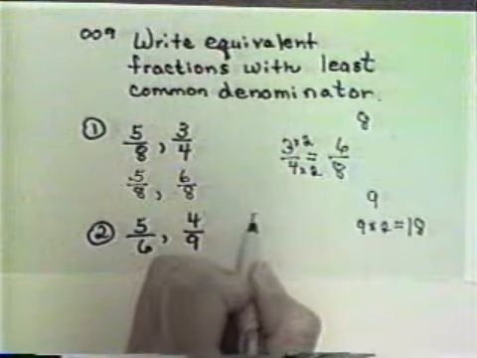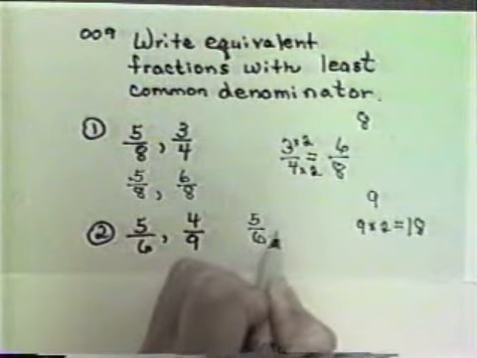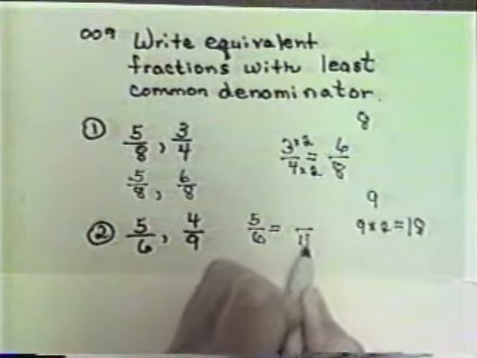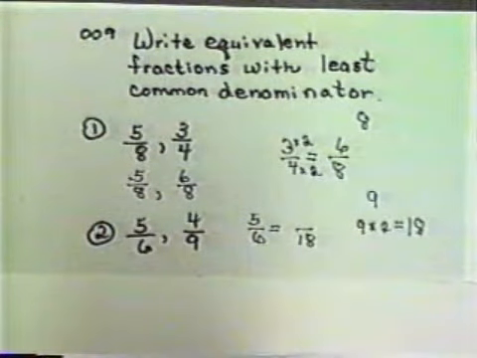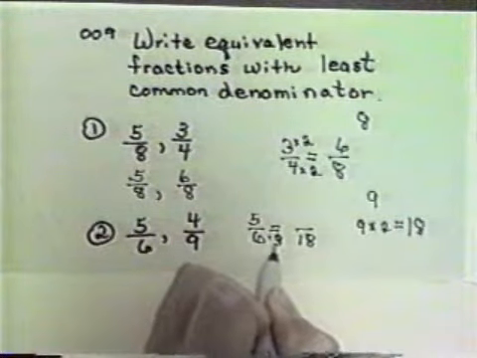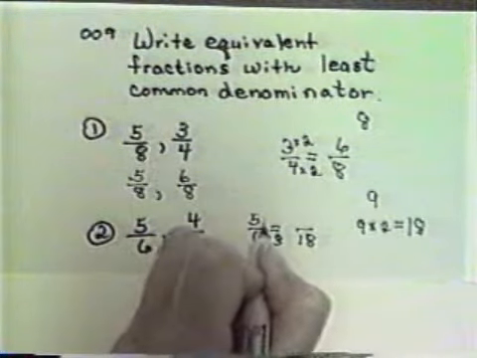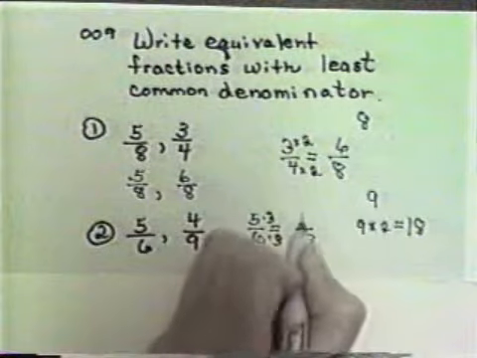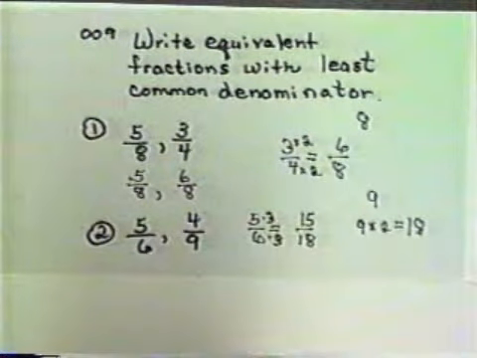So let's take 5/6 and turn it into 18ths. What we'd have to do is multiply 6 by 3 to get the 18, and multiply 5 by 3, and we come up with 15/18.